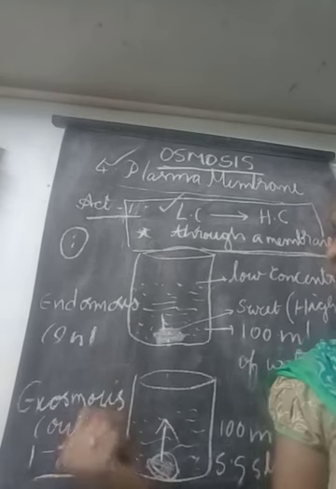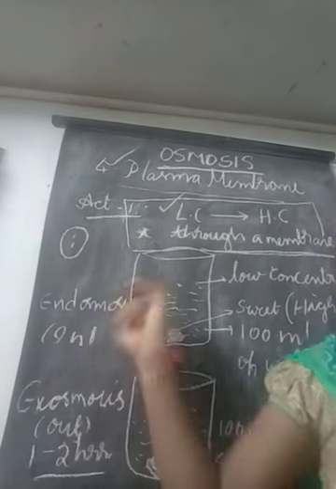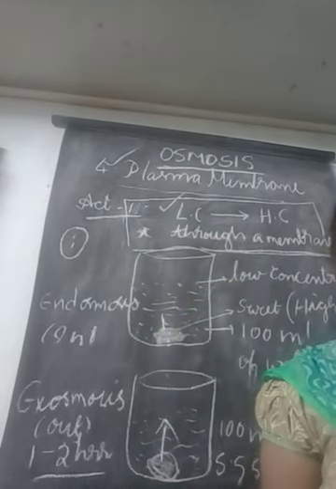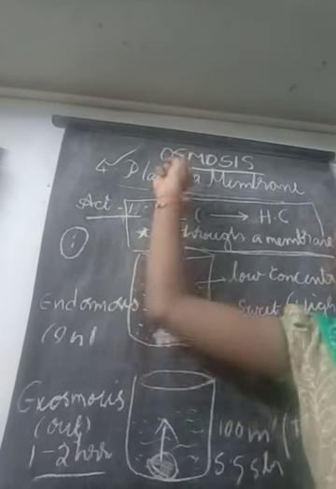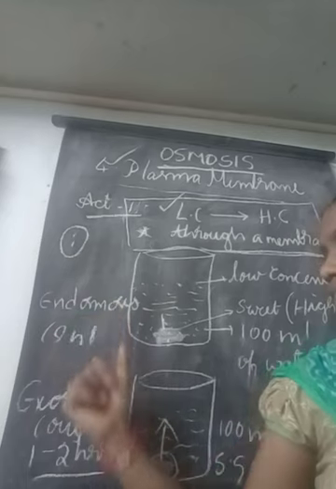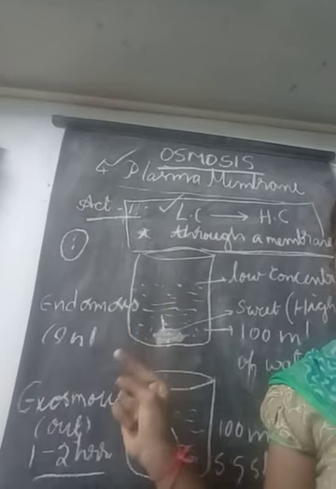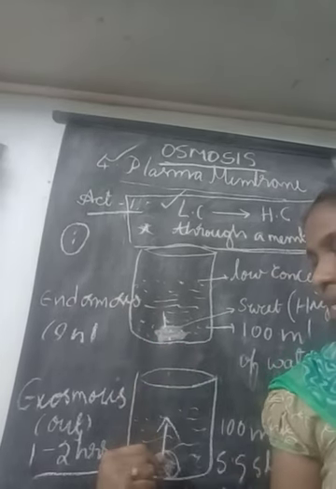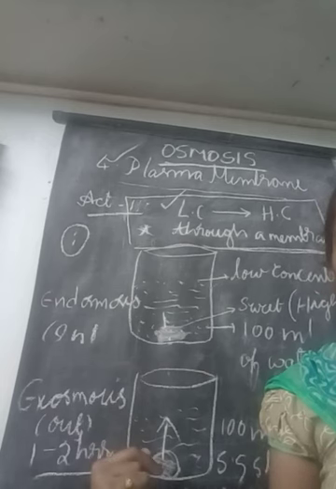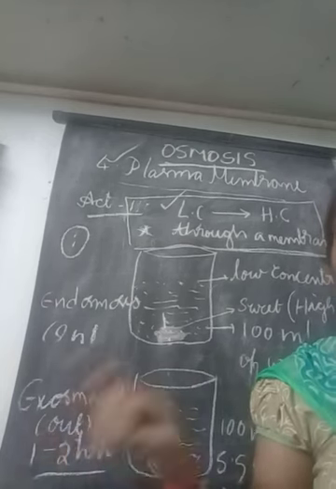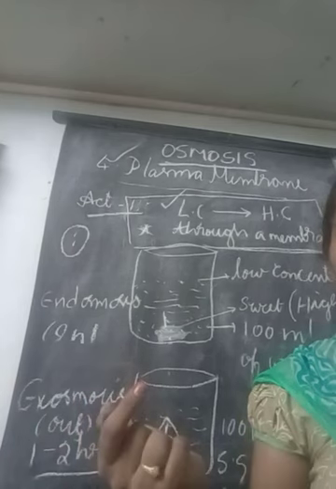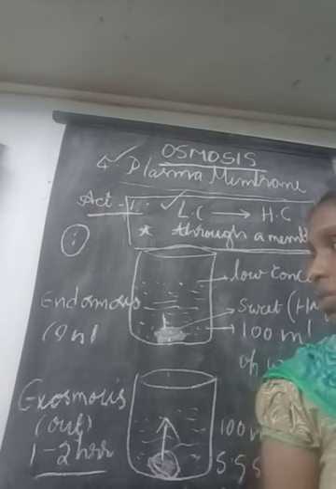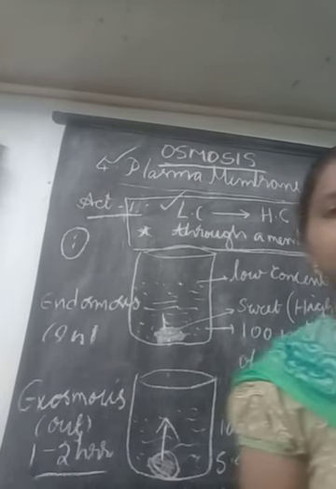So the movement of water from low concentration to high concentration through the plasma membrane is called osmosis. In this activity, water is moving into the resin, that's why endosmosis. In this activity, water is moving away from the resin to the outside, that's why it is called exosmosis. So this is the first activity. Is it clear?